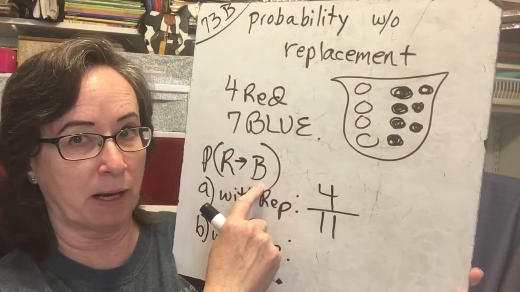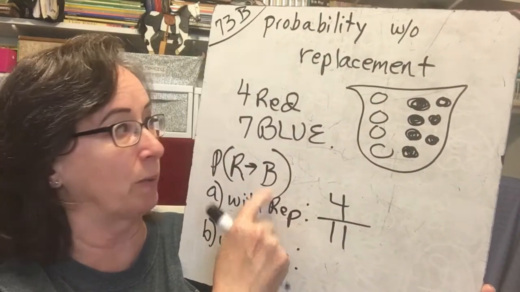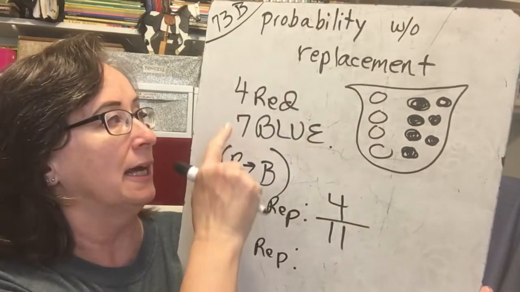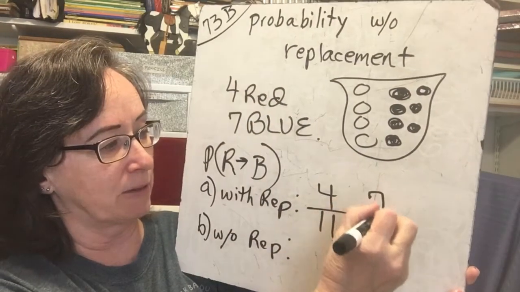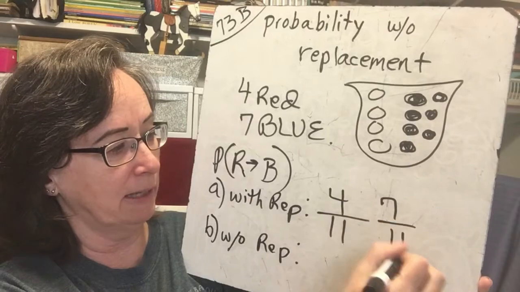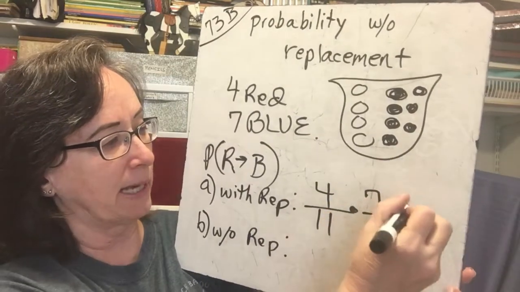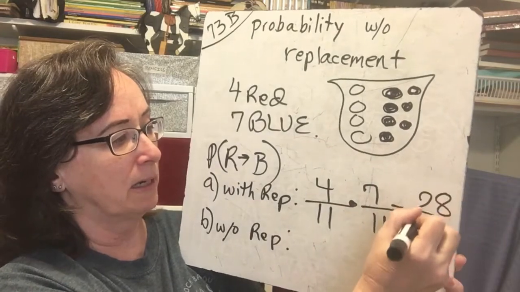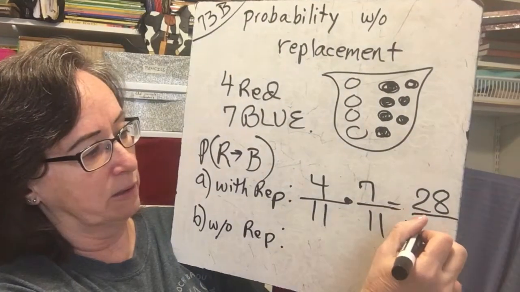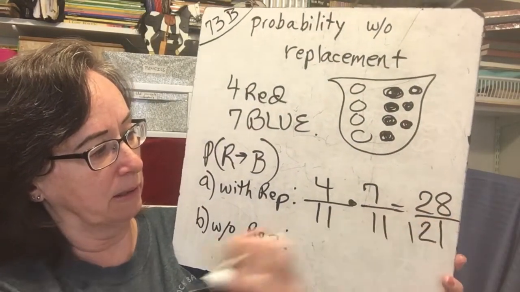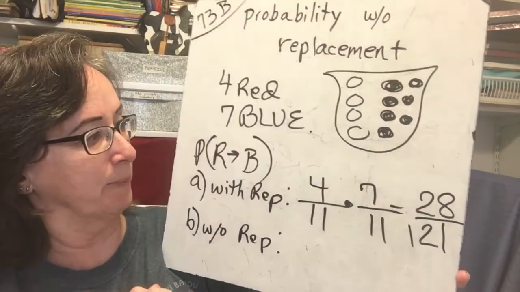Now what is my probability of drawing out a blue with all of the marbles back in there? It's 7 out of 11. So 7 out of 11, and I'll multiply those two together, and nothing will cancel, so I'll get 28 over 121. 11 times 11, 121.